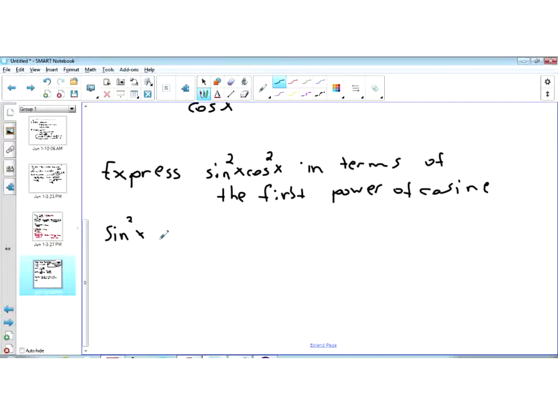So sine squared x cosine squared x is equal to 1 minus cosine 2x over 2 times 1 plus cosine 2x over 2, and we can simplify that.